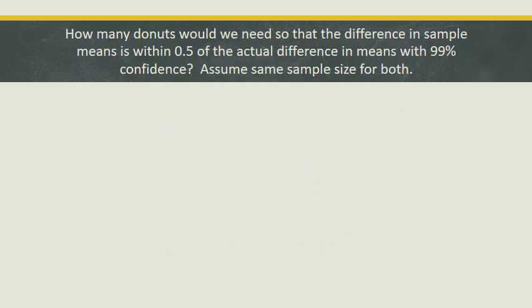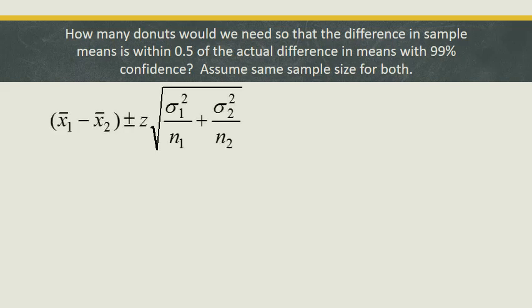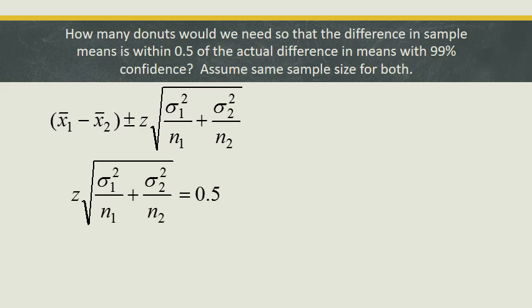Now we're going to use the same setting but I want to do a different kind of question. This time I want to do a sample size question. We know from previous examples that these questions are all about the half-width of the interval. If the difference in sample means is within 0.5 of the difference in population means, then the half-width must be set equal to 0.5.